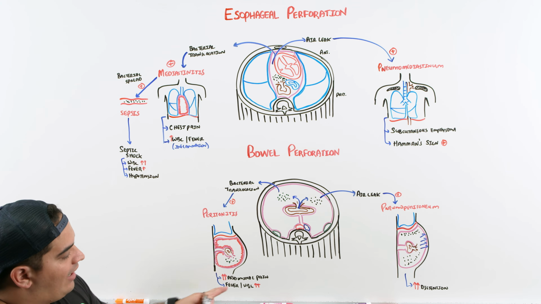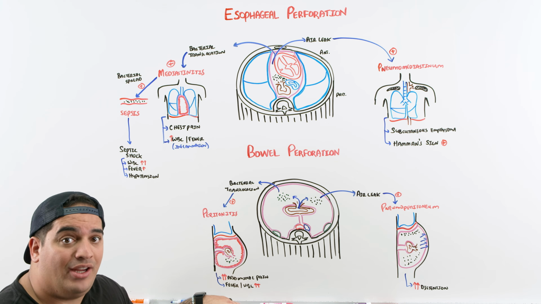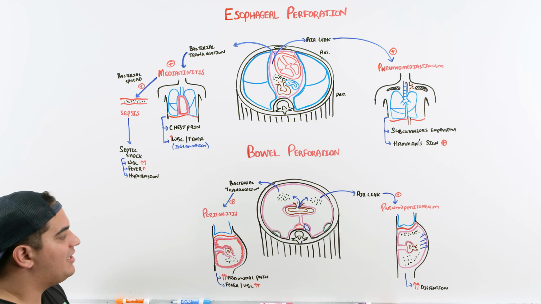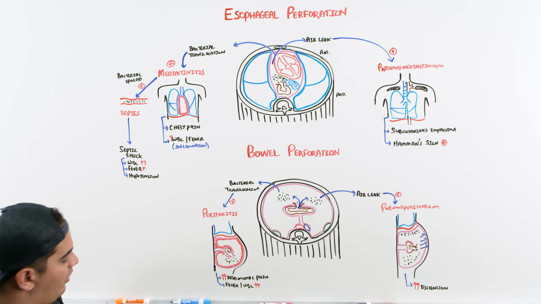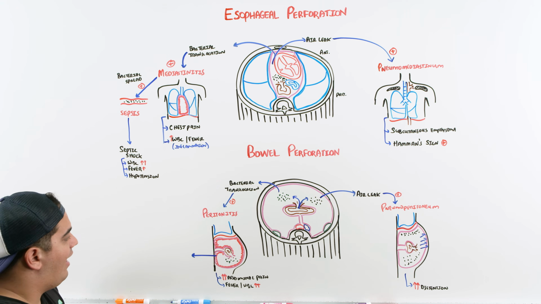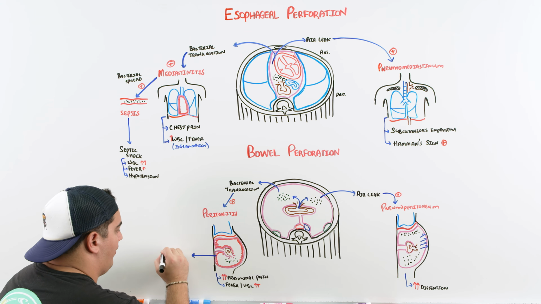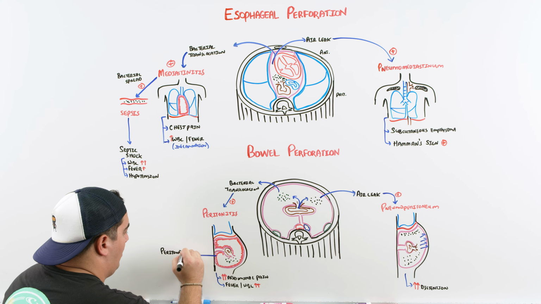The other problem is not only is there intense abdominal pain with features of systemic inflammation, these patients have very specific exam findings. When you do a very good abdominal exam on these patients, they'll have what we refer to as peritoneal findings on exam.